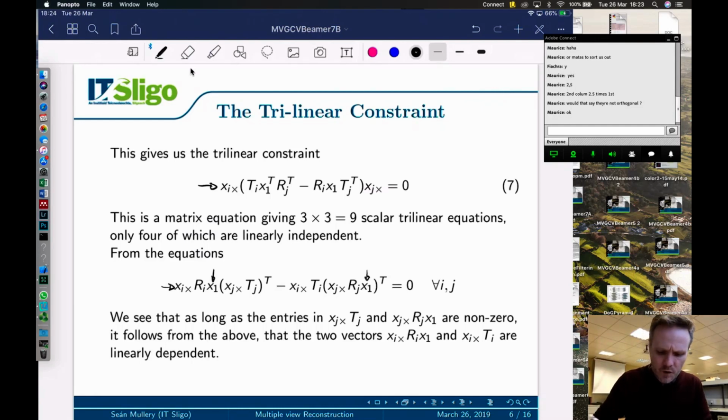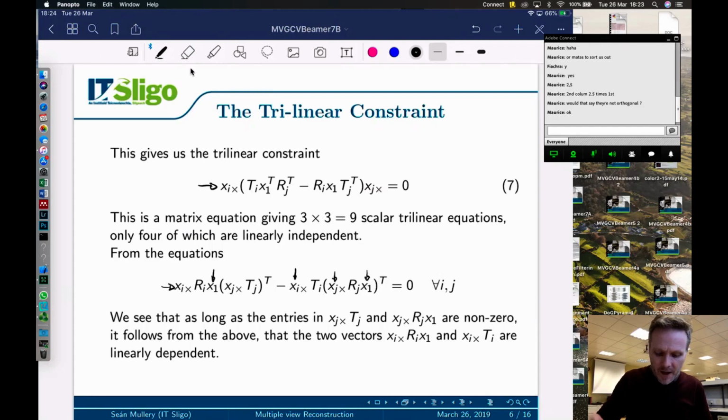We're relating it to 2 other frames, so we have the co-image I and the co-image J. You can just think of I and J as being any 2 of the other frames from however many frames we might have had.